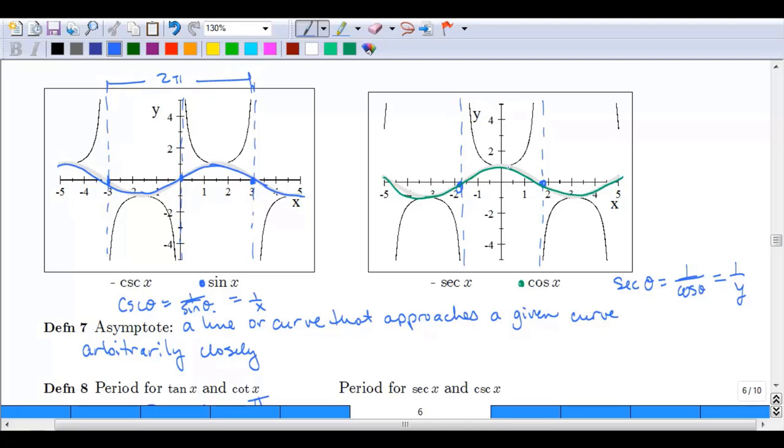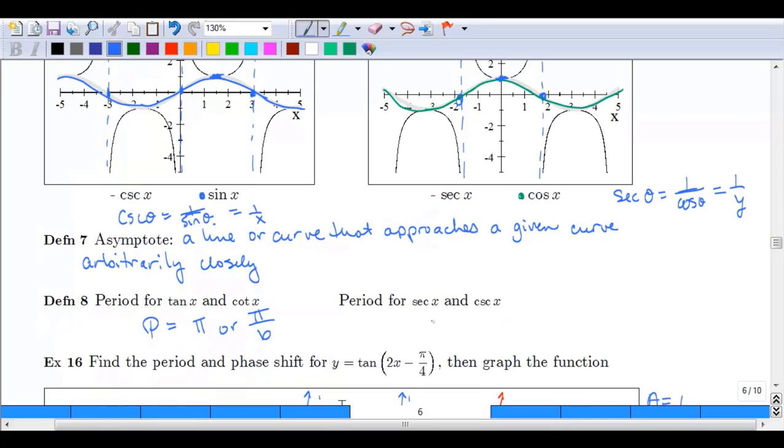Notice that where our graph is crossing, these coincide. Again, this is 1 over x, so if you have 1 divided by 1, you get 1. So our secant and cosecant graphs are going to be touching those sine and cosine curves. So that will also affect our amplitude. Our amplitude is going to tell us where the lowest point of that U shape is.